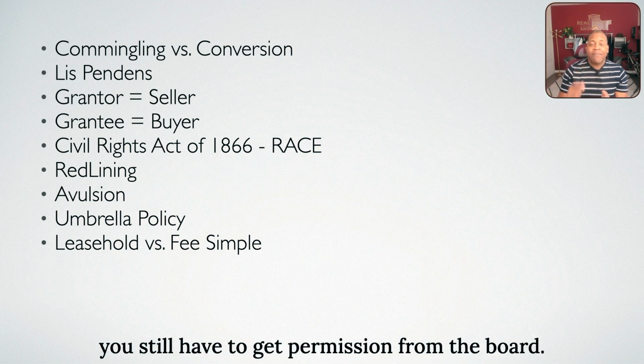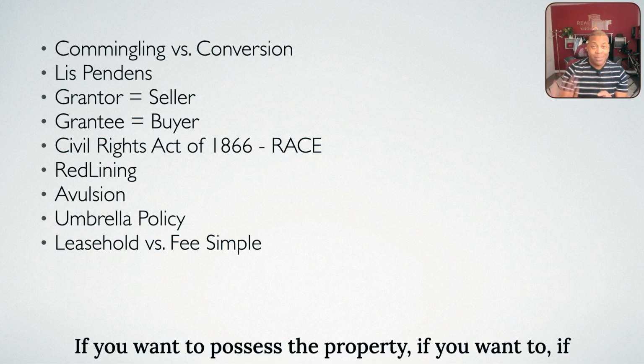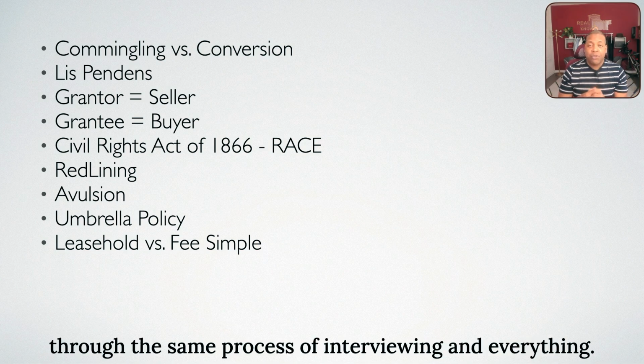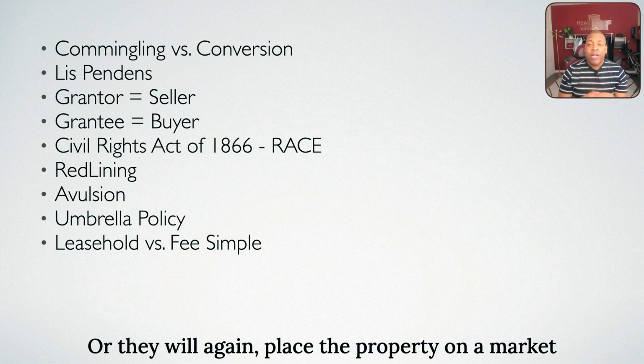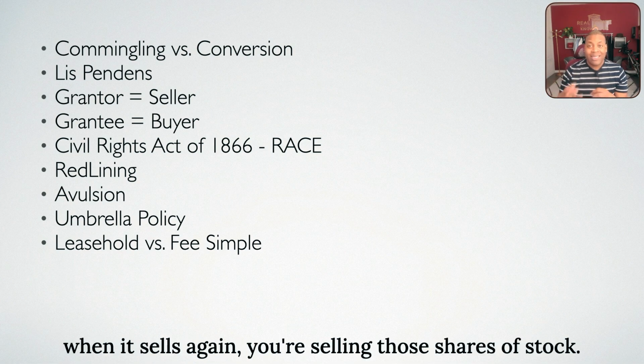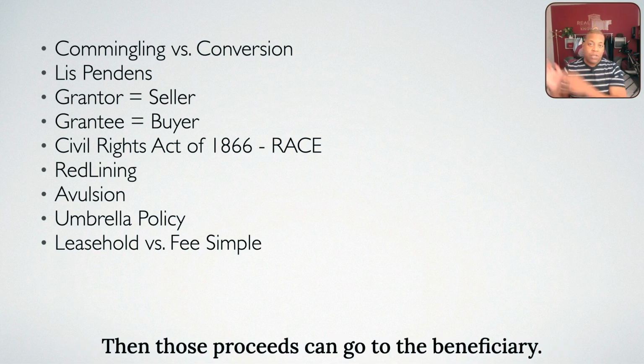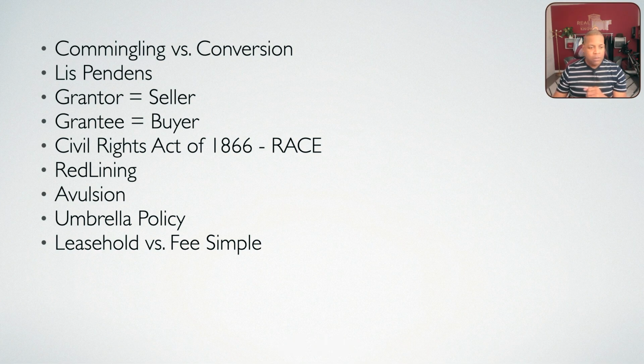You still have to get permission from the board if you want to possess the property. If you want to move in there, they can have you still go through the same process of interviewing and everything. Or they will, again, place the property on the market. When it sells, you're selling those shares of stock. Then those proceeds can go to the beneficiary. Okay? All right.